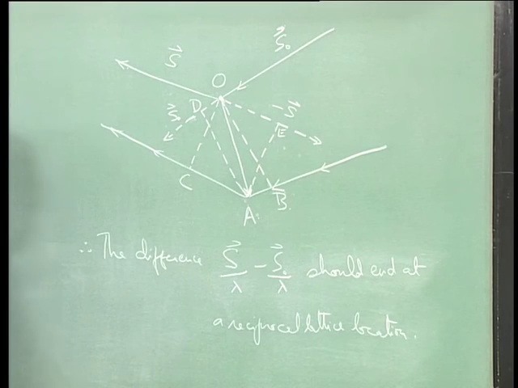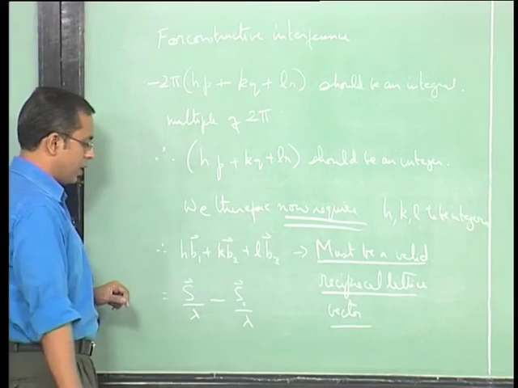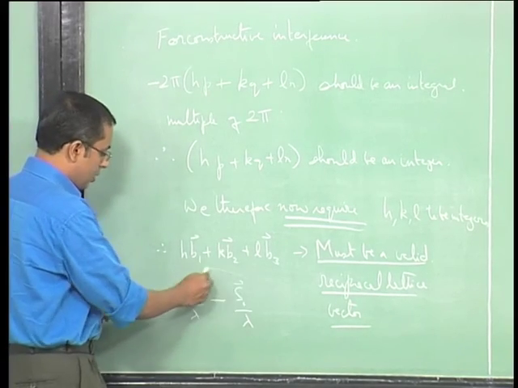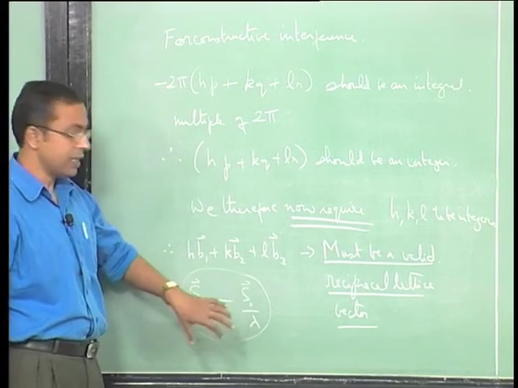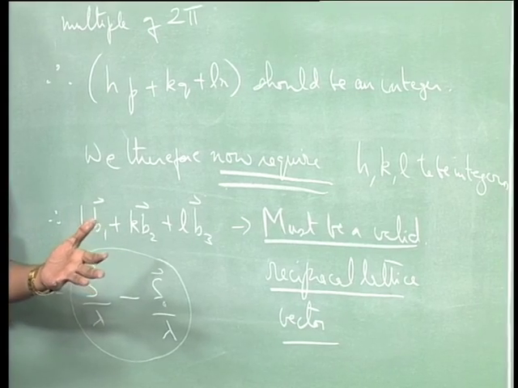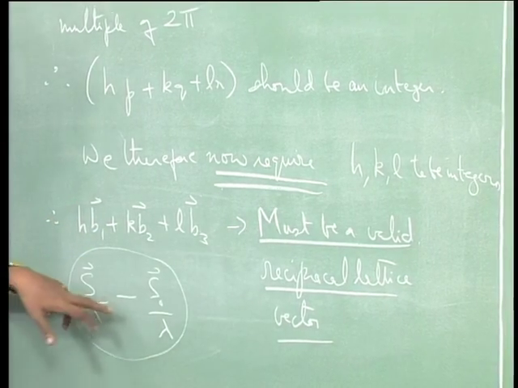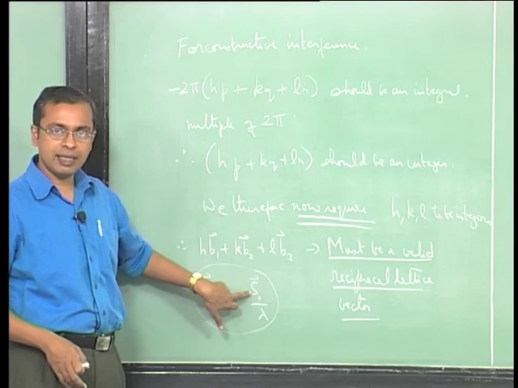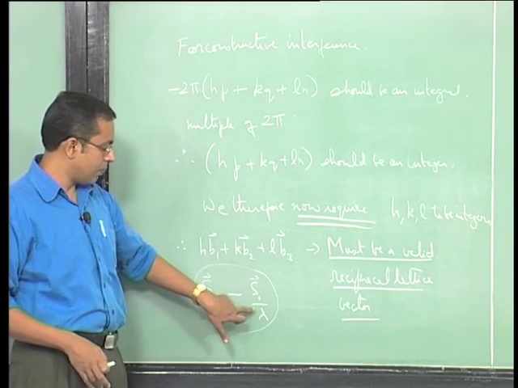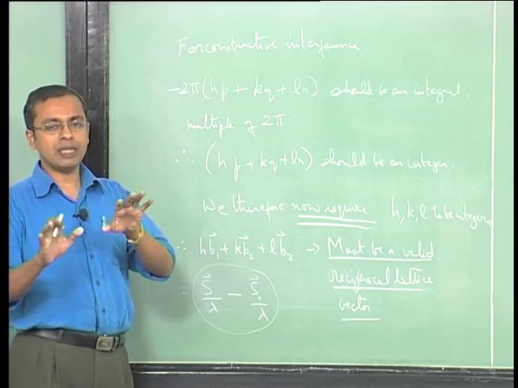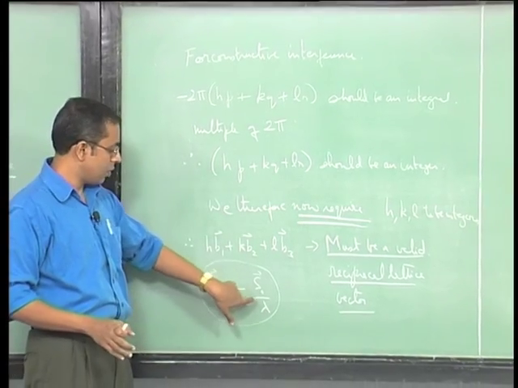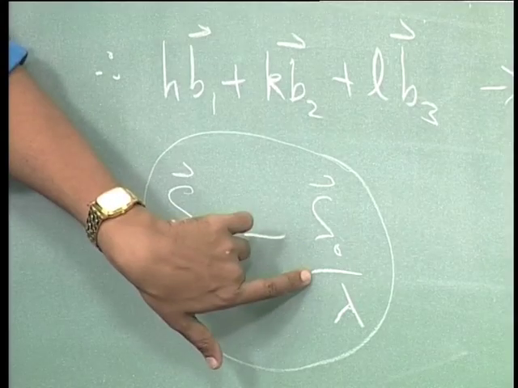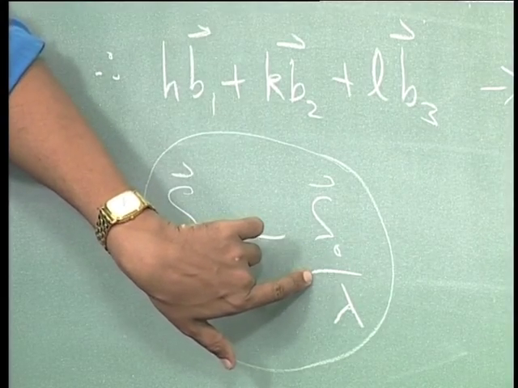If you look at our equation here, we have two different quantities. On this side of the equation, we have all the properties of the waves arriving at or leaving the lattice. This is the direction in which the incident wave is arriving, S naught, and 1 by lambda is the magnitude of the wavelength in reciprocal quantities. So this gives us the properties of the incident beam.